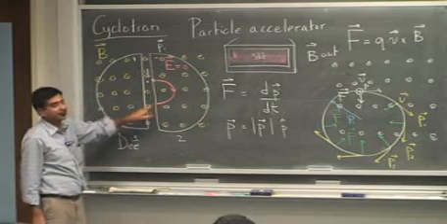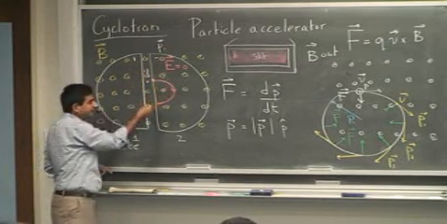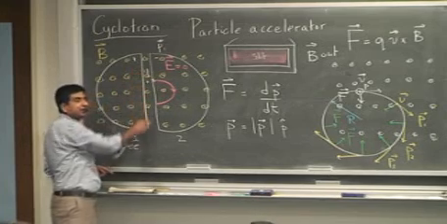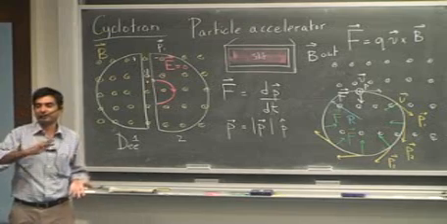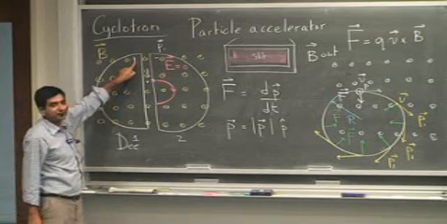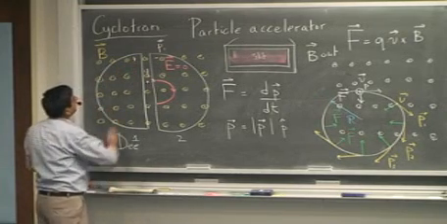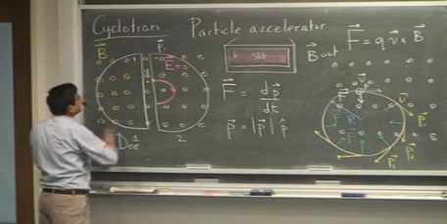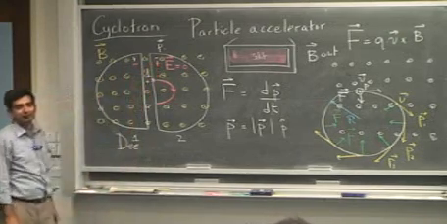Now what happens here is that as soon as it issues out of this D and comes into the inter-D region, the electric field switches. This was initially a positively charged plate. Now this plate becomes negatively charged and this plate becomes positively charged.